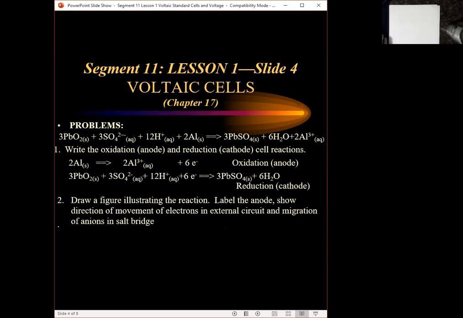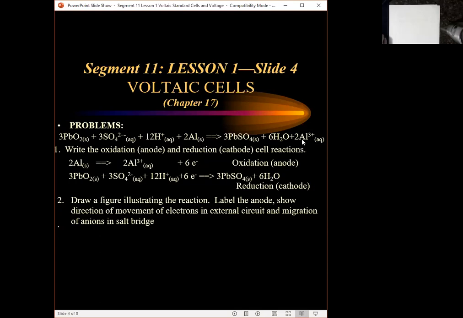Okay, here's some problems. This one I thought was kind of interesting because I essentially changed one of the electrodes in the common lead storage battery to aluminum. And if I'm looking at this reaction, it's pretty obvious that the aluminum on the left is at 0 oxidation number.